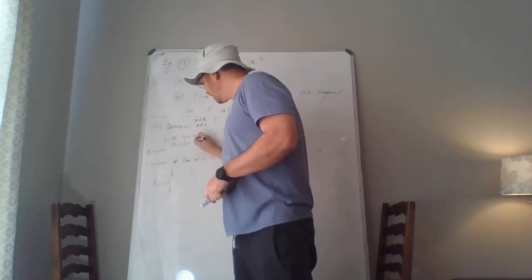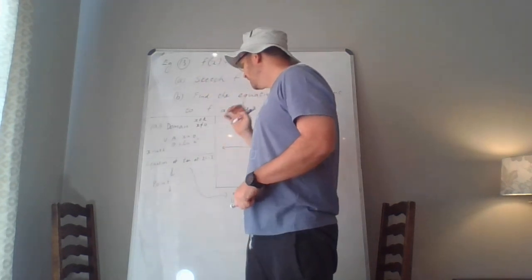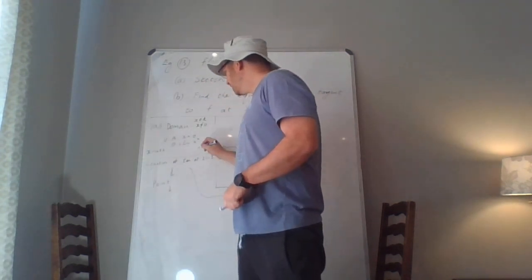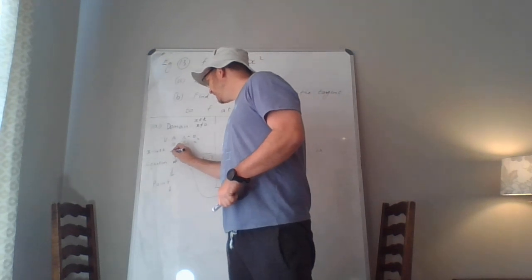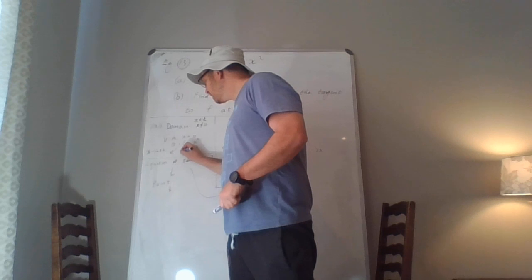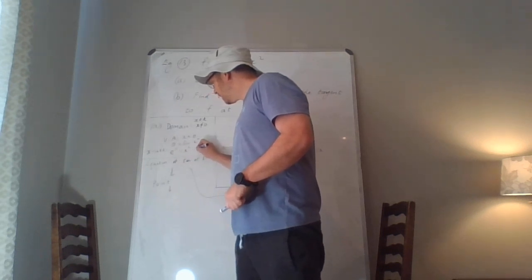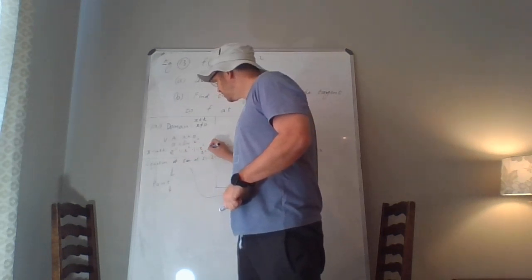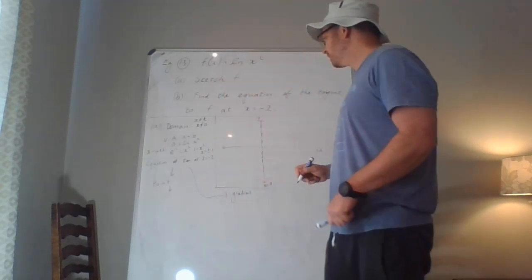ln x squared. So we could say e to the 0 is equal to x squared, so 1 is equal to x squared, so x is equal to plus or minus 1.